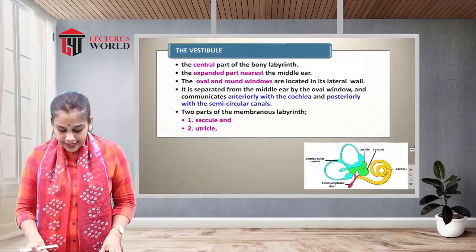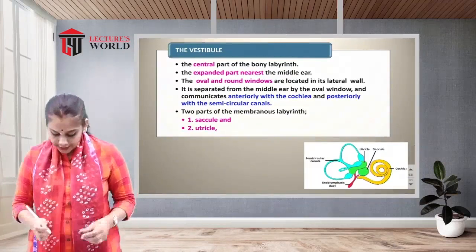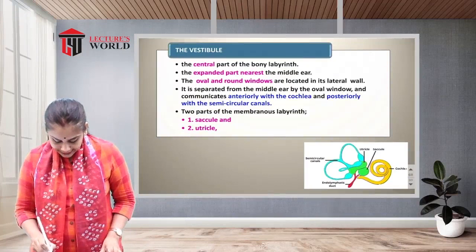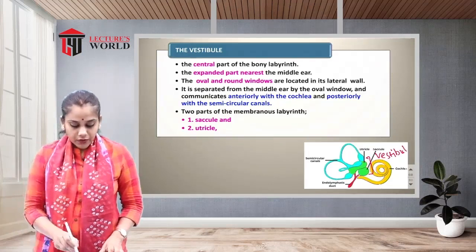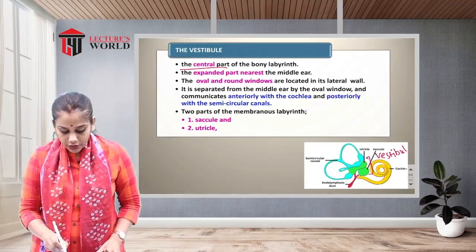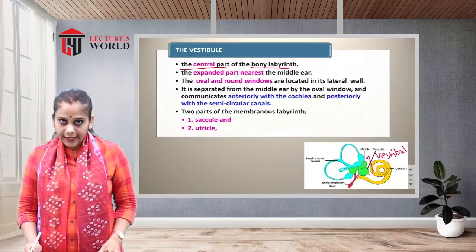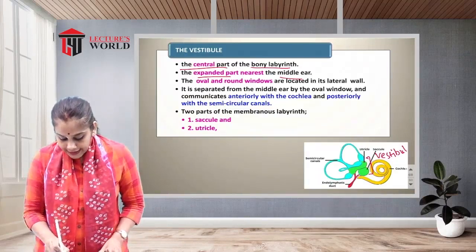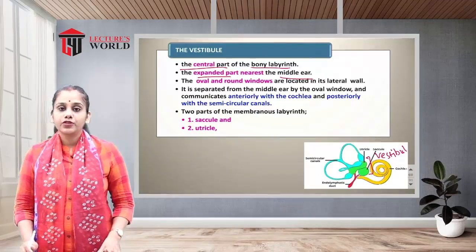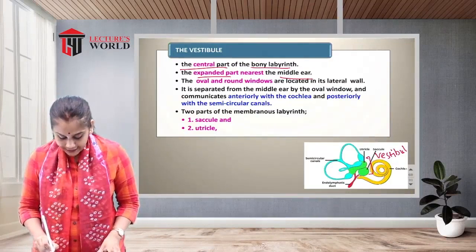Second portion, that is the vestibule. You can see in the figure, this is the vestibule in green color. It is the central part, the middle portion of the bony labyrinth, the extended portion nearest to the middle ear.